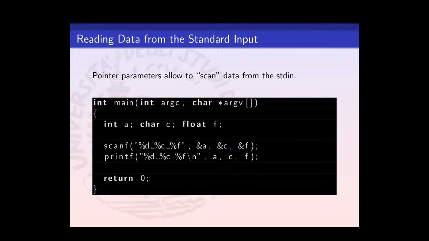Because of that, we are not only able to read the content of the variable, but we are also able to change it. In this sense, we need the ampersand notation because we want to fill A, C, and F by using the values reported in the standard input.